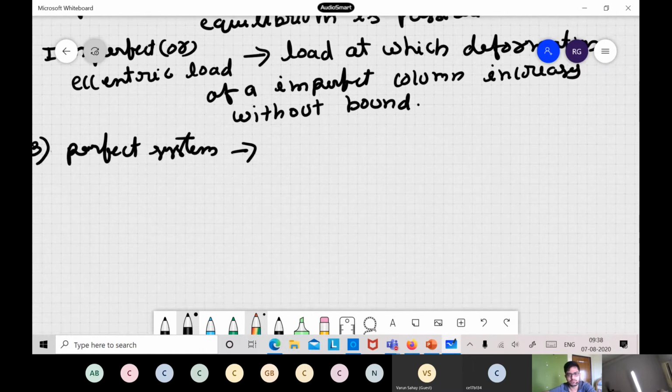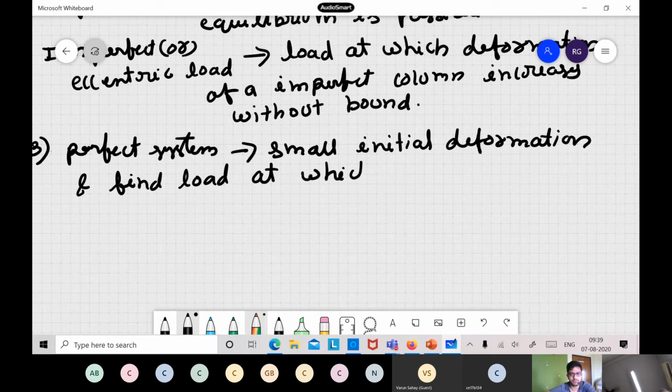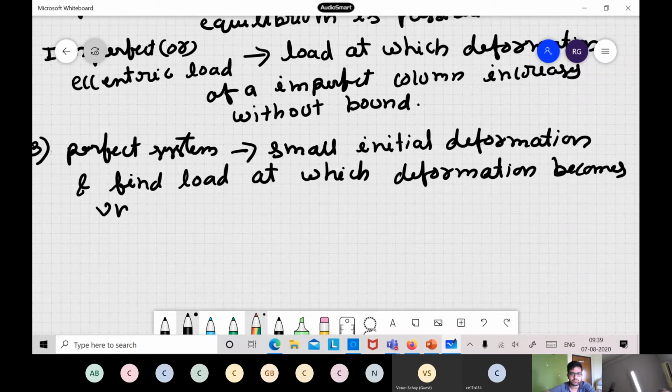What we can also do is give a small initial deformation, a small perturbation, and find out the load at which deformation becomes unbounded. You followed. So this also we can define as the critical buckling load.